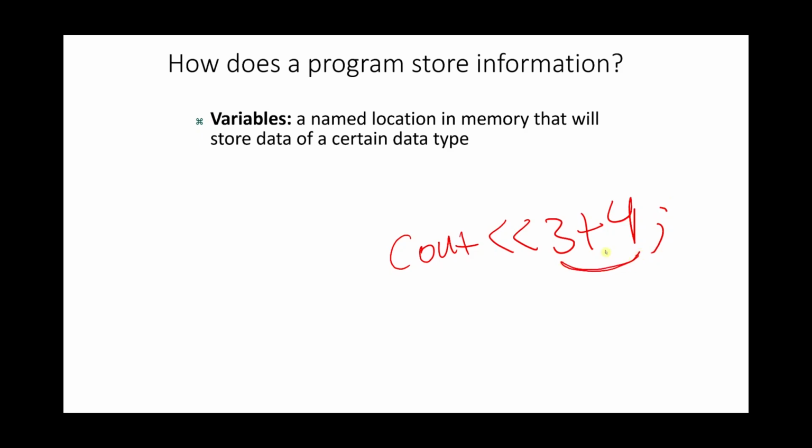It goes to the console and then vanishes. We don't want that to go away. We want to use the 7 later in our program. So we need a variable. A variable is a named memory location that we can store data of a certain type inside.